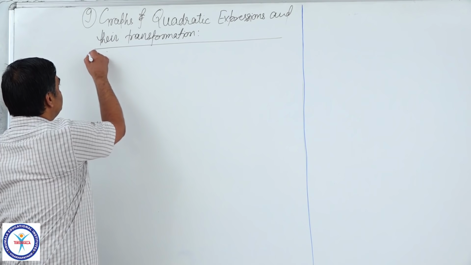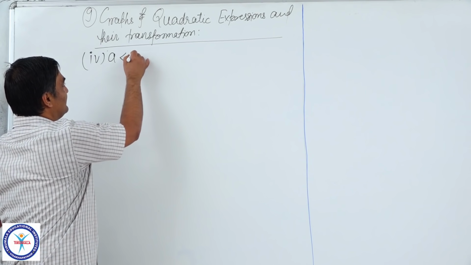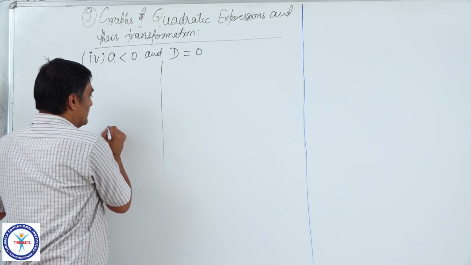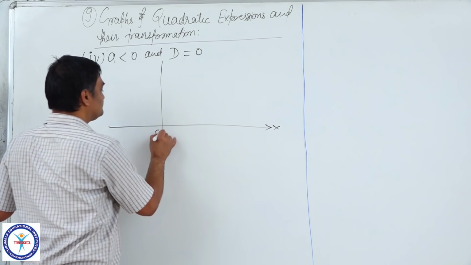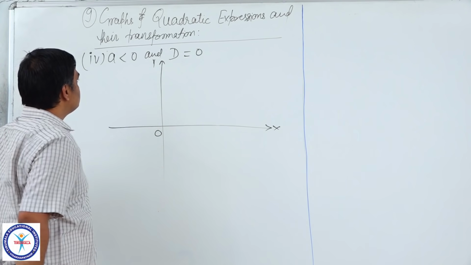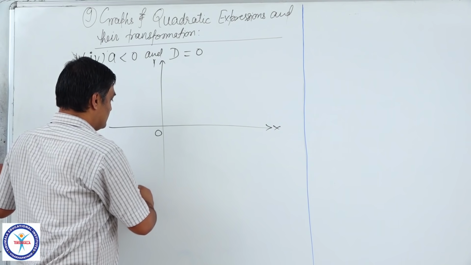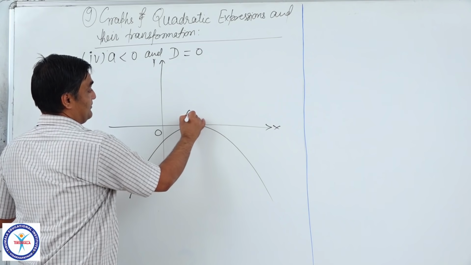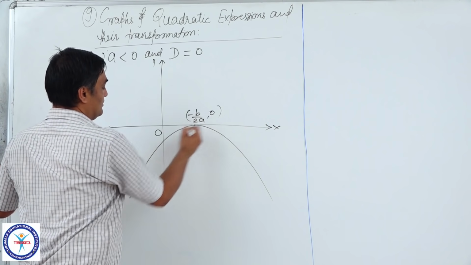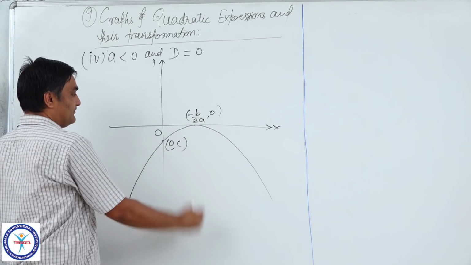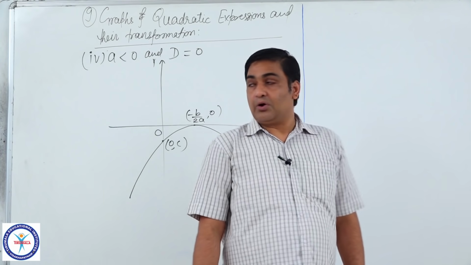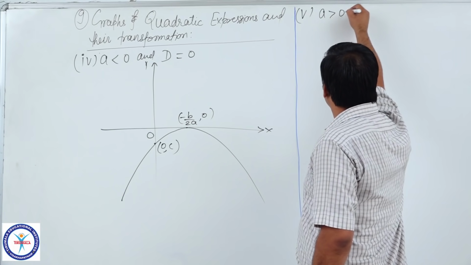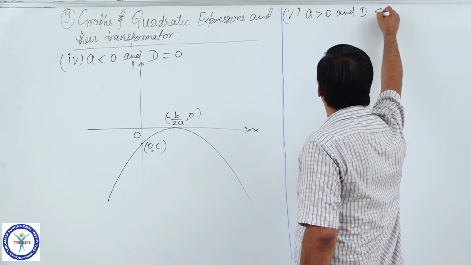Now fourth case, a less than 0 and d equal to 0. The graph will be like this. A less than 0, d equal to 0 means it touches the x-axis at (minus b by 2a, 0), and (0, c). Next is a greater than 0 and d less than 0.